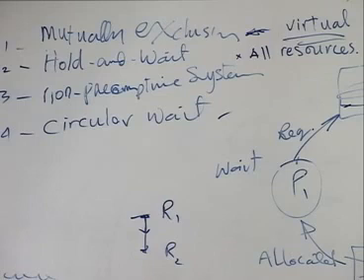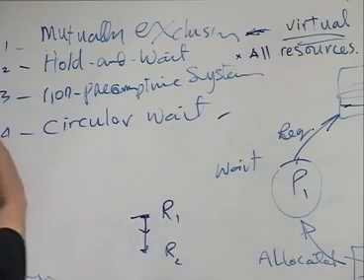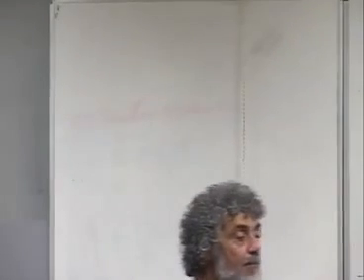Now, avoiding a deadlock. We need to talk about how to avoid a deadlock, because we can't always prevent one. It's not always possible to say, in our system we're going to prevent deadlock altogether. It's very difficult to actually remove one of these conditions completely from a system.